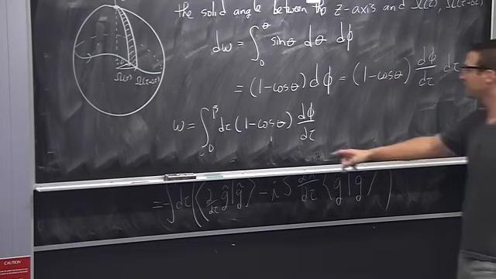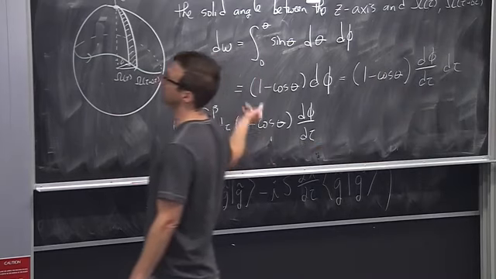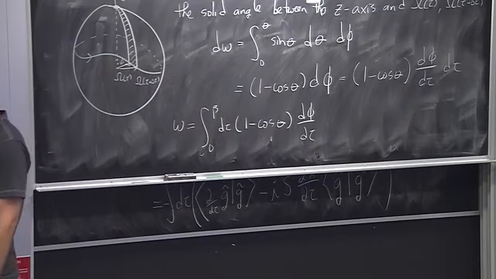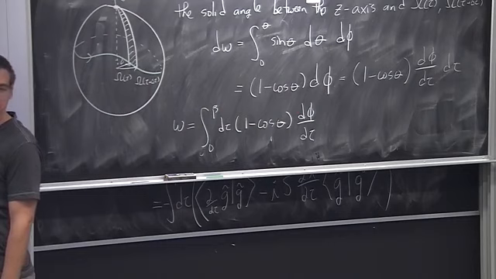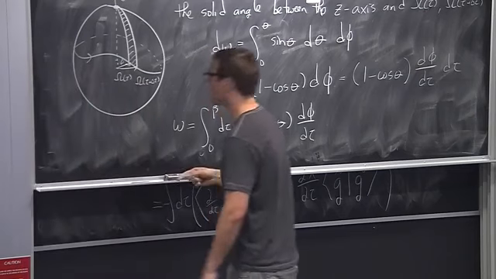And that thing is just the same as this thing right here, except for that 1, which is secretly a 0 because the path is closed.